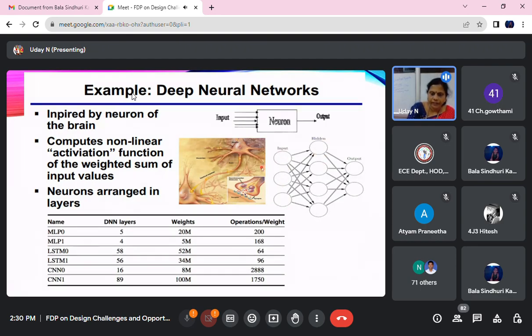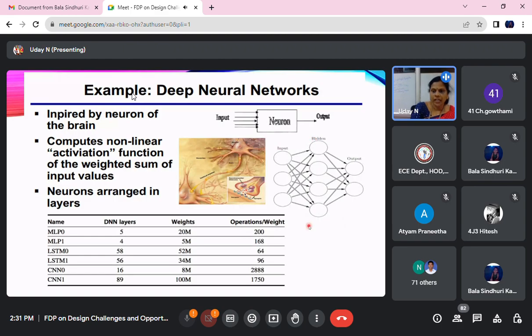These dendrites are all inputs. These are all processing units, the neurons, and outputs come from the axon of that particular neuron. The input is not counted as a layer; the hidden layers and the output layer are. The number of hidden layers gives you the complexity of the architecture.